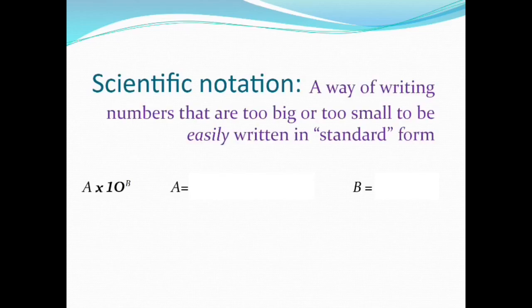And feel free to summarize this definition here at the top of your page. Really when it comes down to it, it's a way of writing numbers that are very big or small. And I like the full definition because it's all about making things easier.